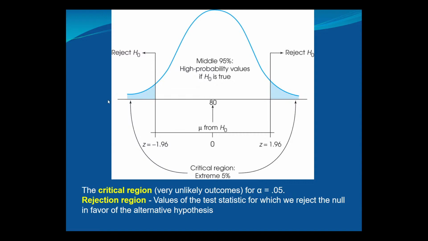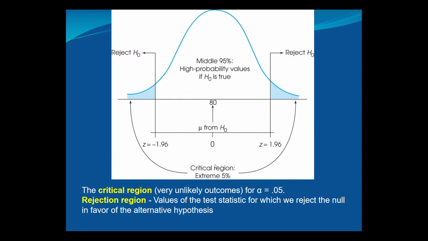The critical region varies from minus 1.96 to plus 1.96, and if the mean is located inside this region, we can make our decision. We fail to reject the null hypothesis.